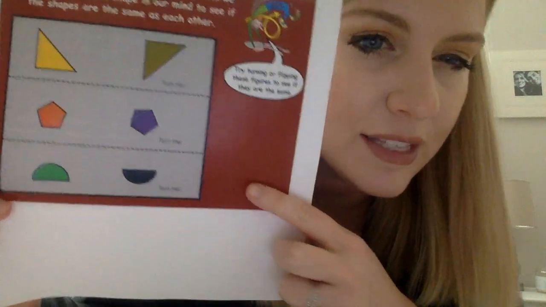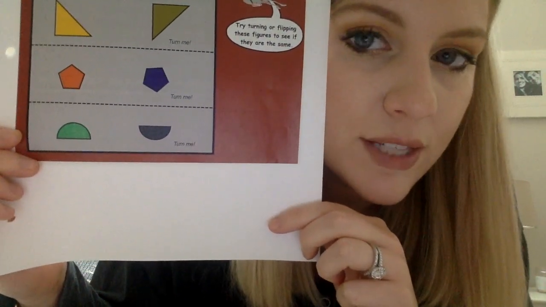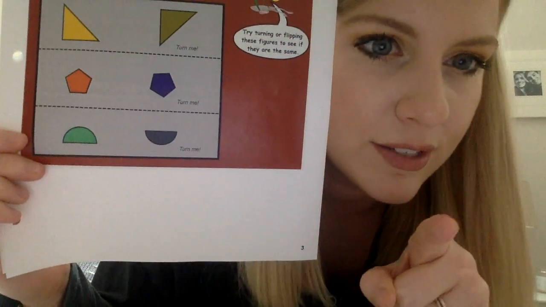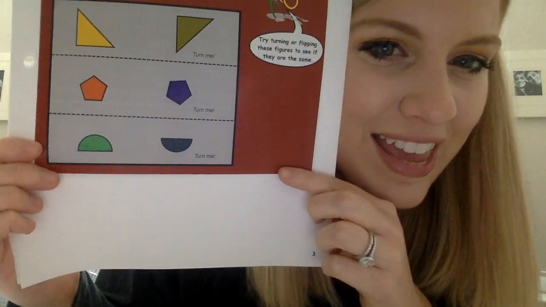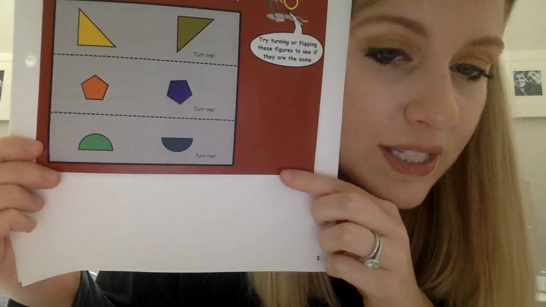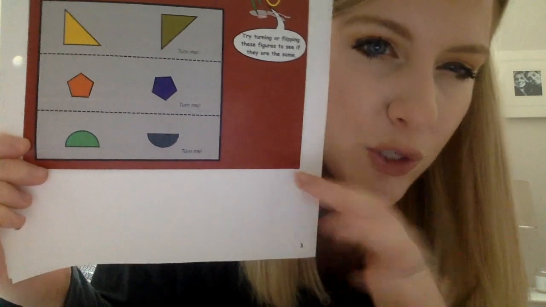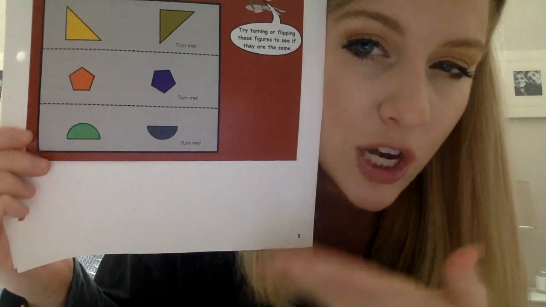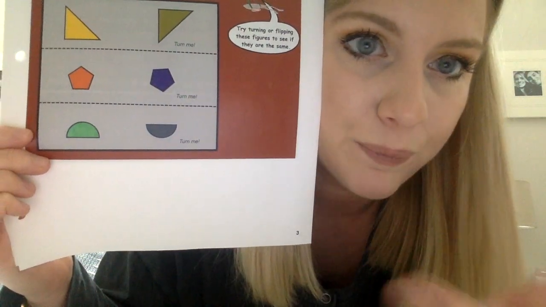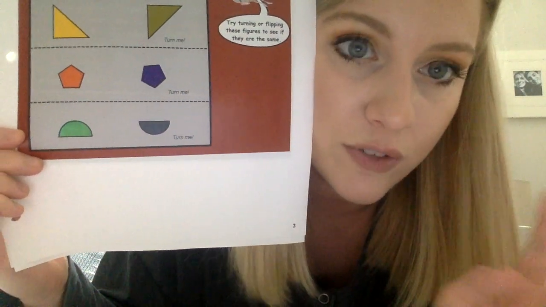And then finally, example C. I have a green semicircle, which is how many degrees? 180. Protractor, half of a circle. And I have a blue one. One's upside down, but they are in fact still congruent. So sometimes you might have to manipulate, turn, flip, rotate the shapes to see their congruency. Okay? So if they're in a different position, it doesn't mean they're not congruent. You just have to check and see.